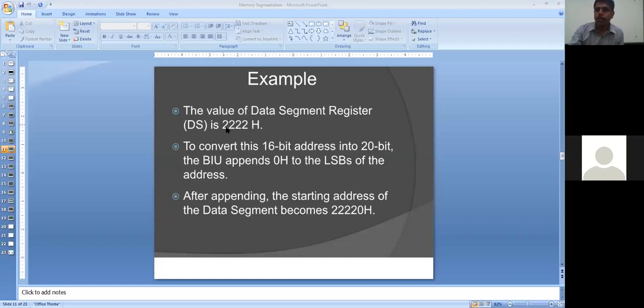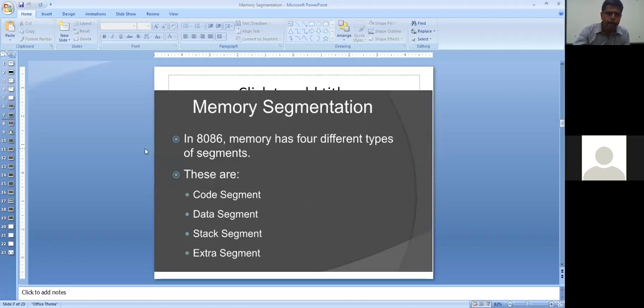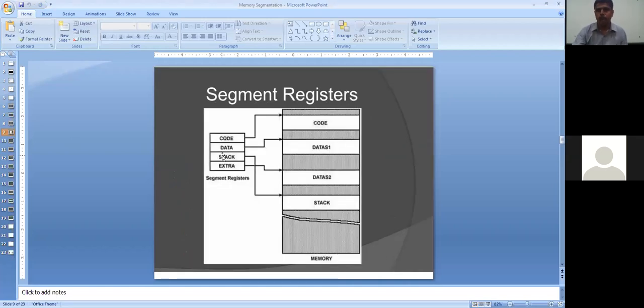It consists of 4 digits in hexadecimal or 16 bits in binary.